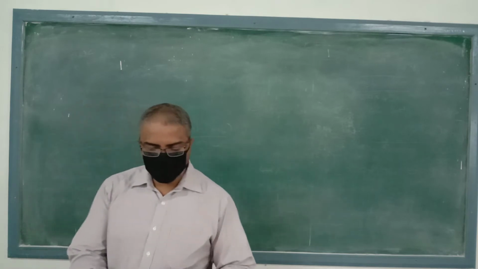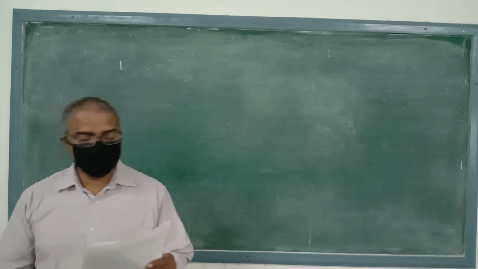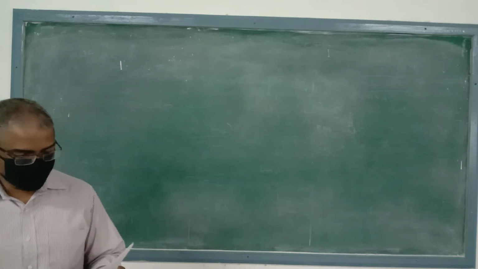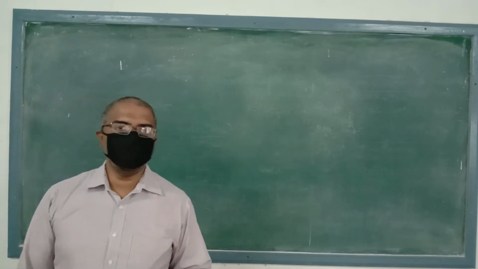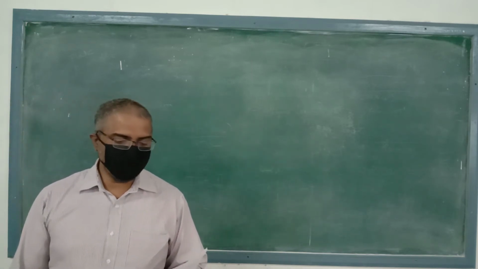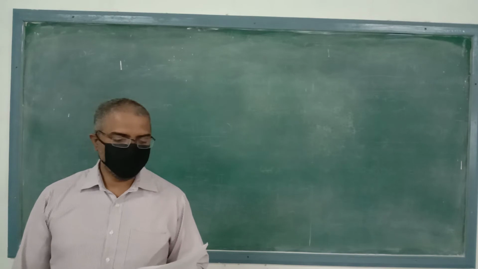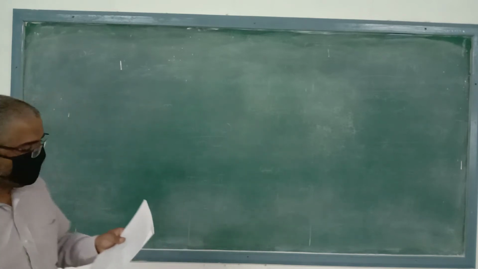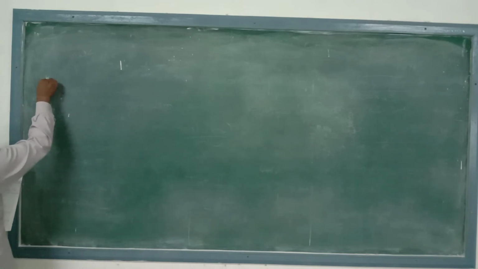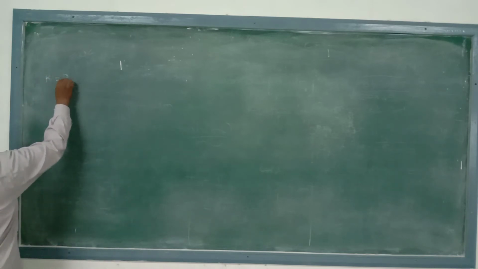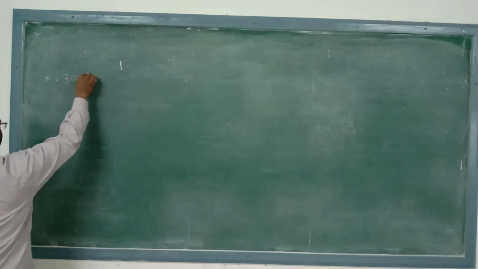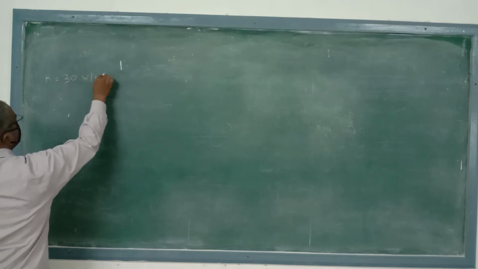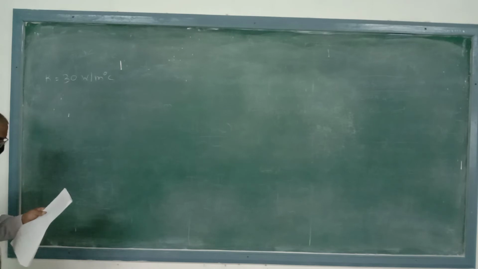Okay, they have mentioned that the tip of the fin is insulated. Now we are going to write the things they have mentioned in this problem. First, they have given a steel rod whose thermal conductivity k is 30 watt per meter degree Celsius.